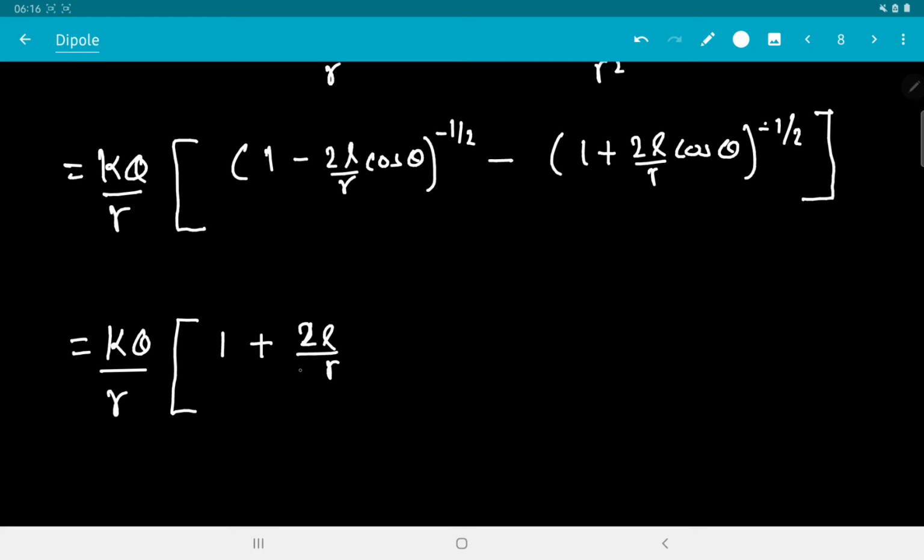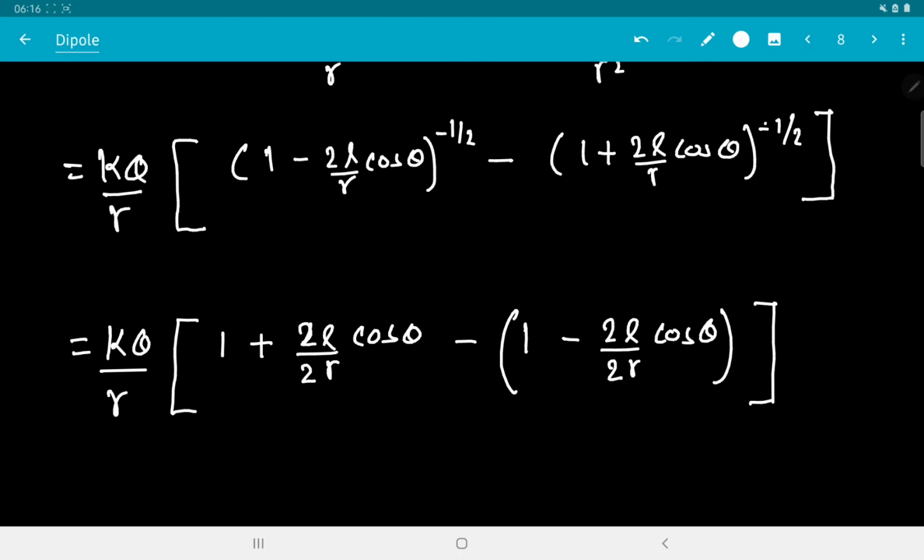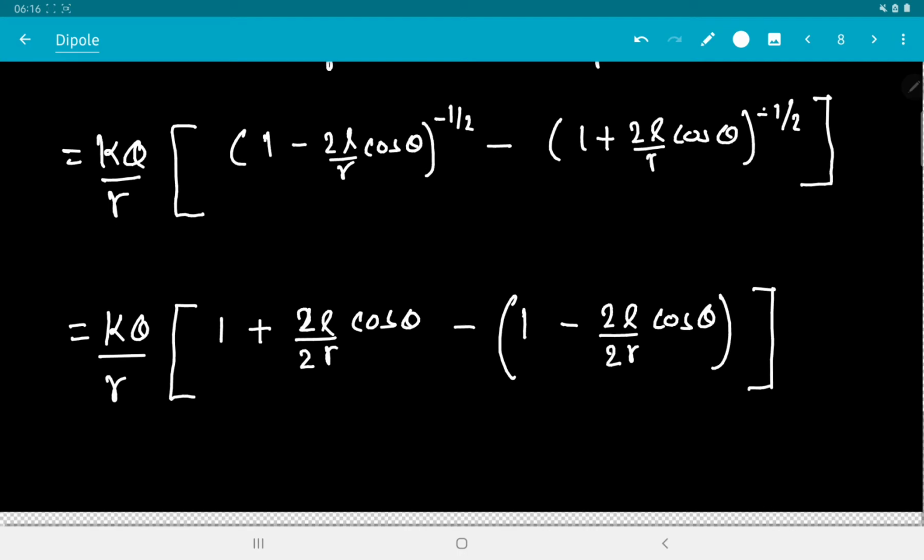2L by r. It will be divided by 2, we have power 1 by 2, so it will be divided by 2 cos theta, and where we have plus, we will get minus 2L by r divided by 2 cos theta. We have applied the binomial expansion.